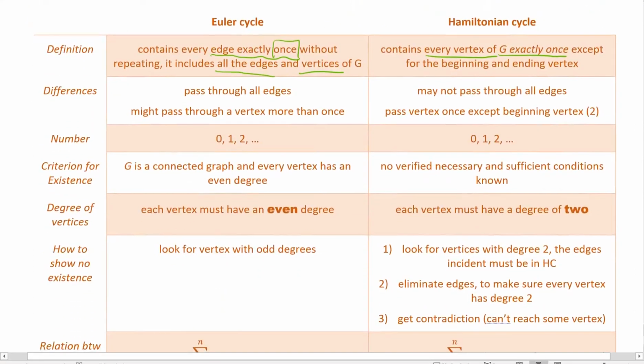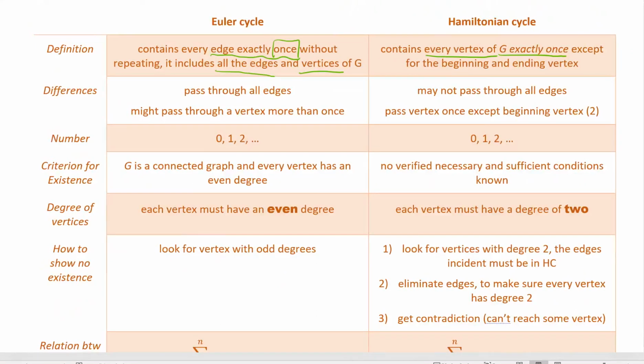Alright. Next, criterion for existence. For the existence of an Euler cycle, we have a theorem: a graph has an Euler cycle if and only if the graph is connected and every vertex has an even degree. Okay?